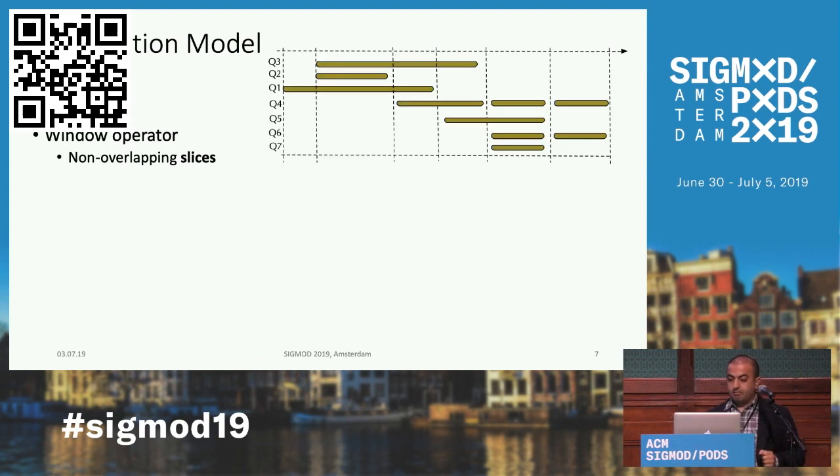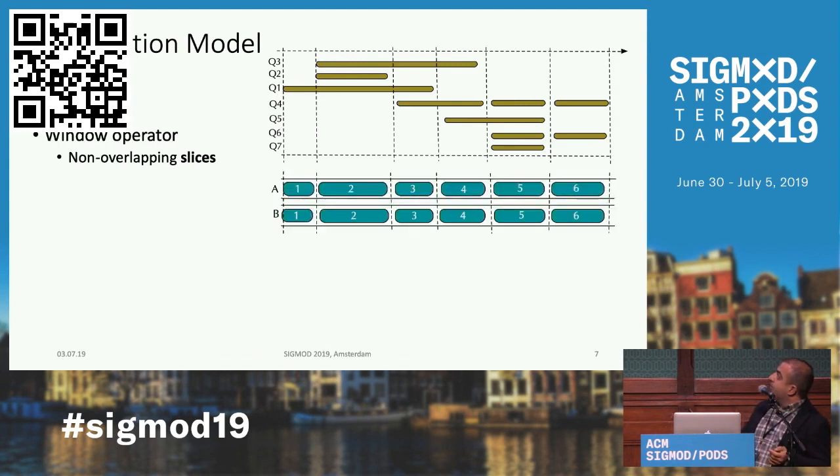And basically, having many queries and different window sizes and window types, such as time-based or session-based windows, we divide the windows into non-overlapping pieces, and we call them slices. For example, these are the windows we showed with yellow boxes, and the blue boxes are slices.